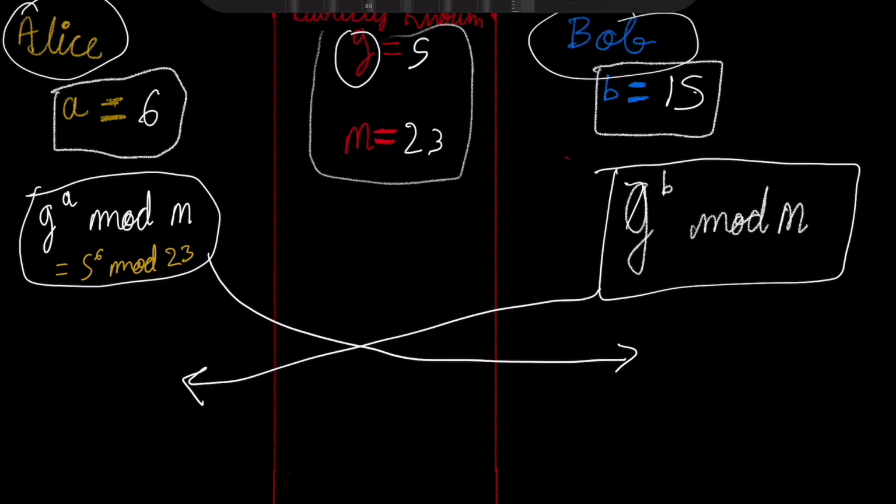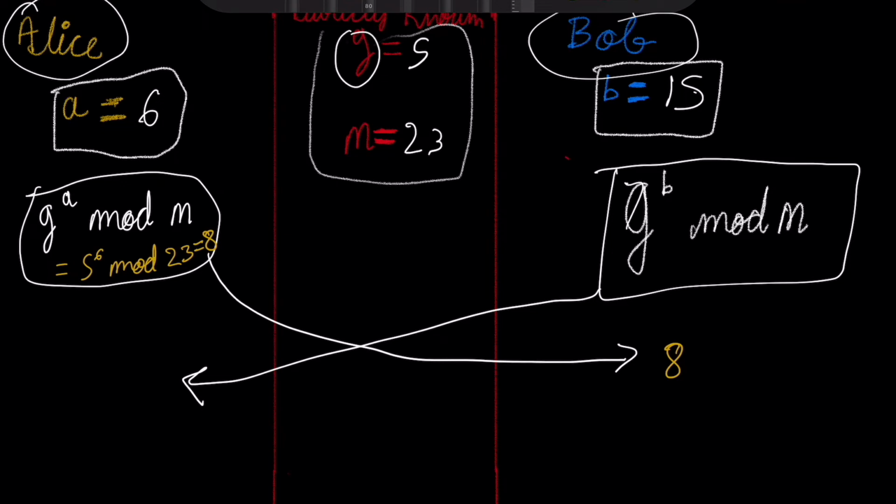So we have 5 asterisk 6, i.e. raising the power, mod 23. This resolves to 8. So 8 reaches here, and let me quickly get the other one.